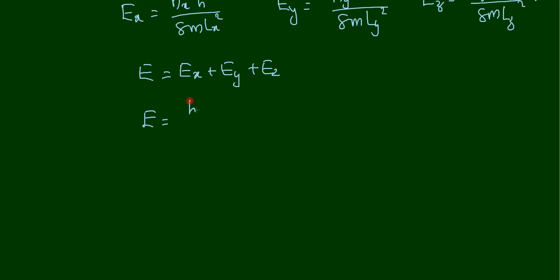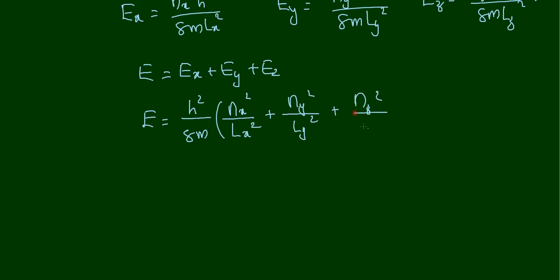So we can write h square divided by 8m into nx square divided by Lx square plus ny square divided by Ly square plus nz square divided by Lz square. Okay, so this is the energy of the particle in the rectangular box: h square divided by 8m into nx square by Lx square plus ny square by Ly square plus nz square by Lz square.